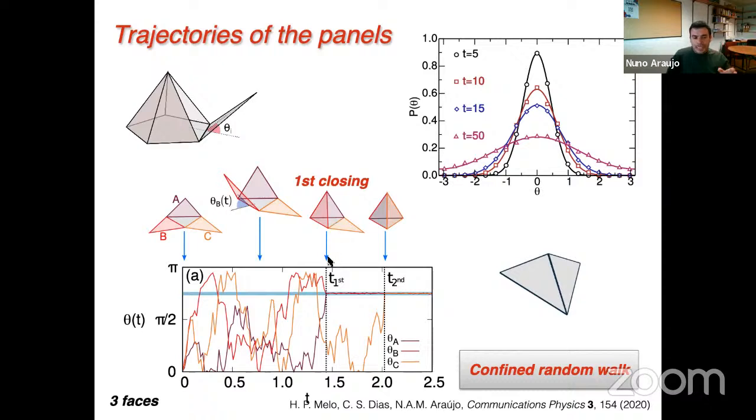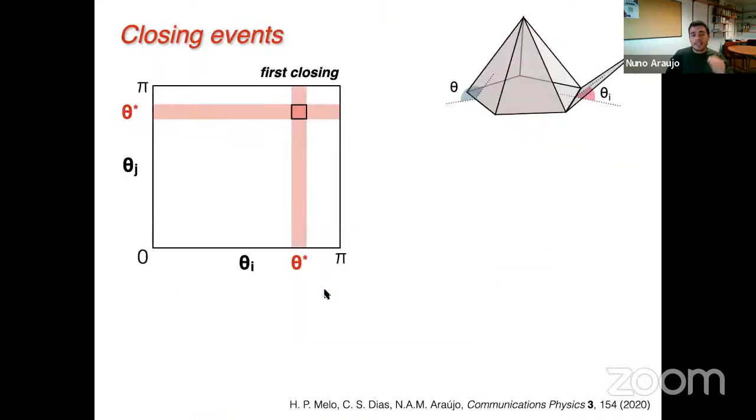And so clearly, the folding process can be seen as a sequence of binding events, but they have 2 different natures. The first binding event corresponds to the closing of an edge between 2 different faces, while the second and remaining closing events for a pyramid of n faces correspond to an individual face meeting the other two that are already there at a specific angle. And as you can already imagine, what we are thinking about is first passage processes. So let's look at these two different processes separately.